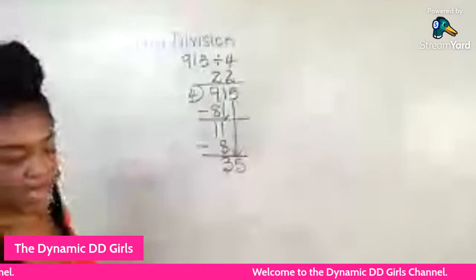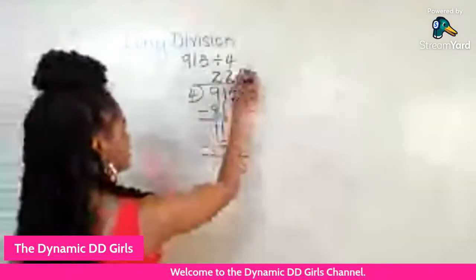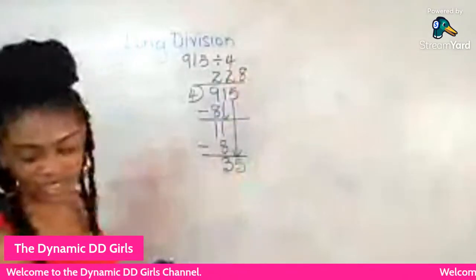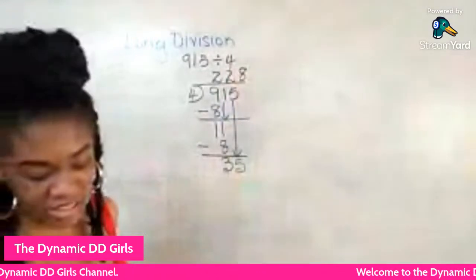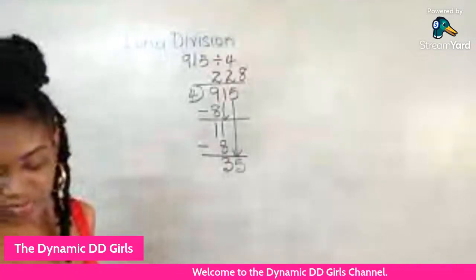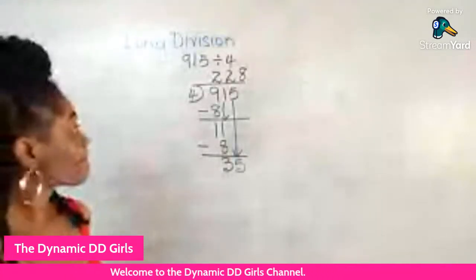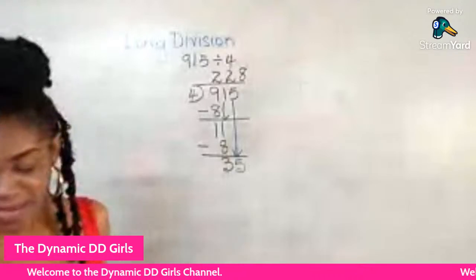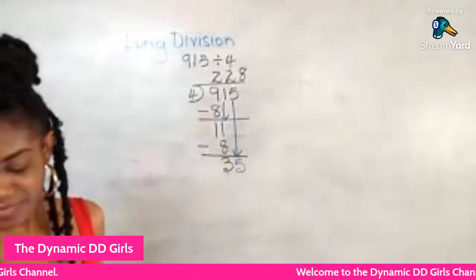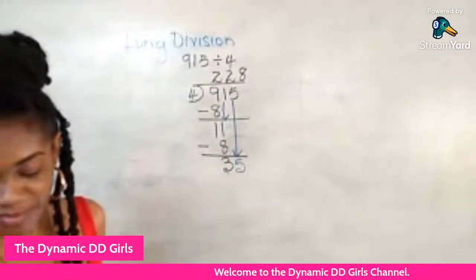Of course, you can get 8 groups of 4s. So 4 multiplied by 8. 4 multiplied by 8 is how much?